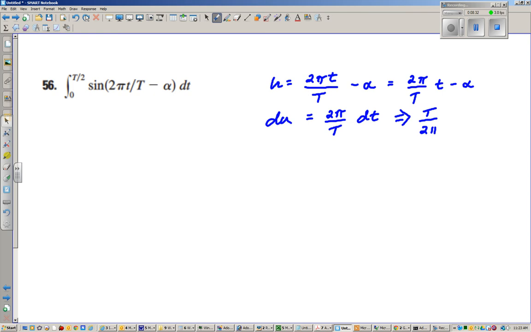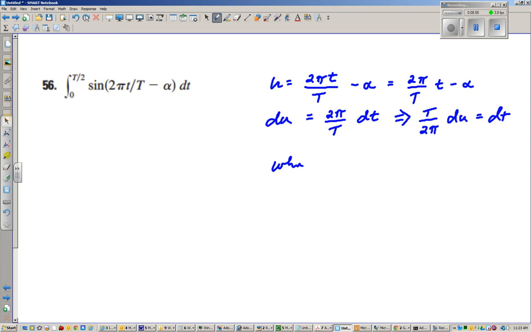And so wouldn't this suggest that if I multiply both sides by T over 2 pi, I would get a replacement for dt? So I'm going to jump in and take my dt out and write T over 2 pi du in its place.